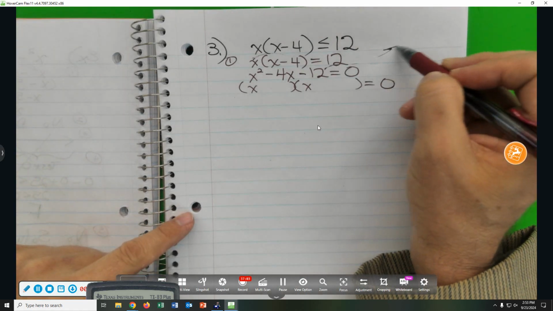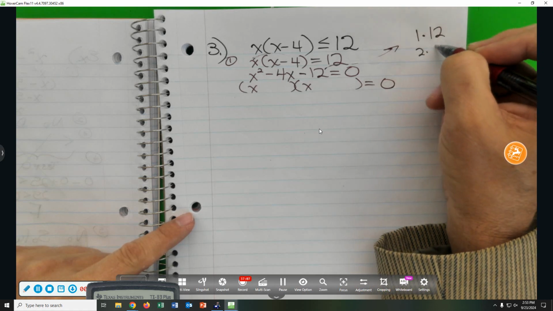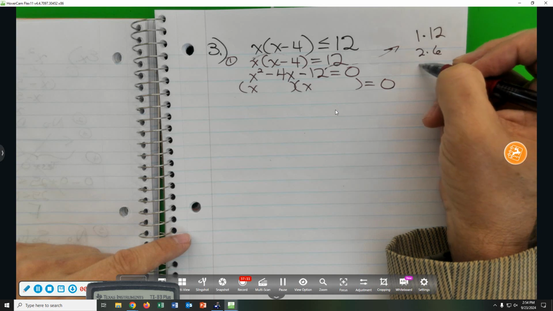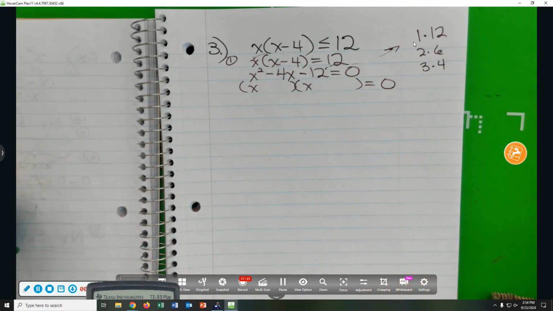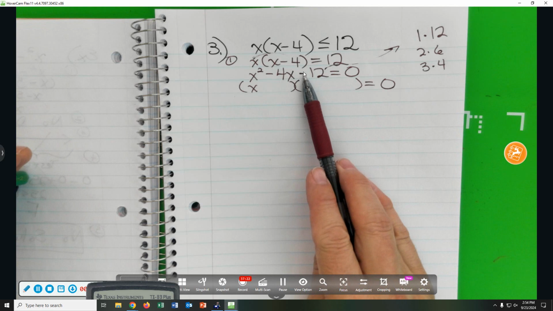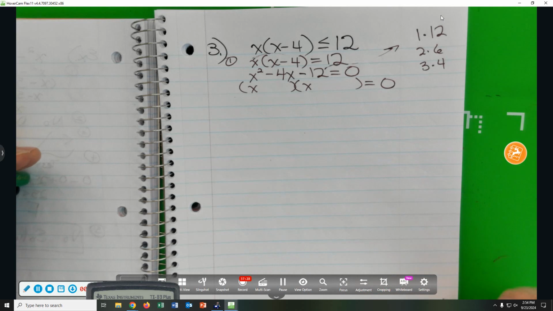For 12, either 1 times 12, or 2 times 6, or 3 times 4. But which pair is going to work? You want the pair that subtracts to give you what number? The 4. Which one of these will subtract to give you 4?